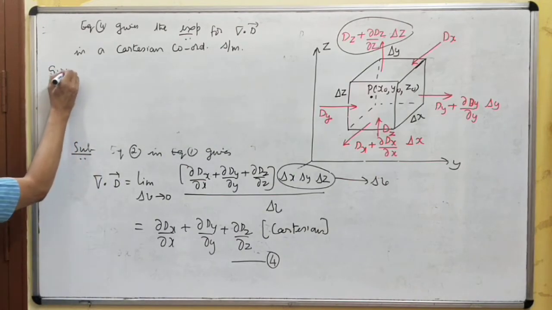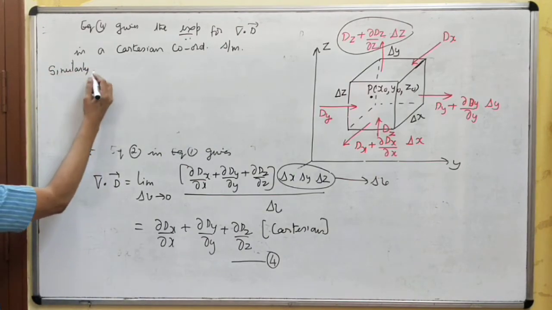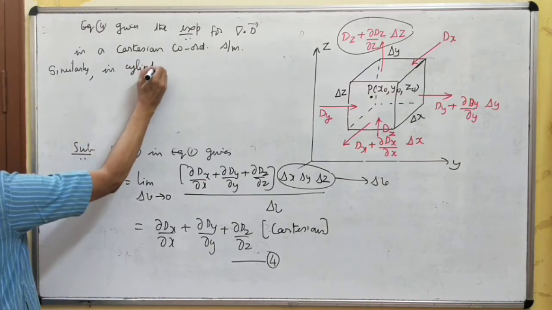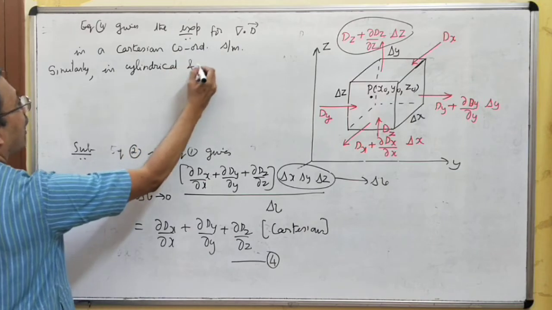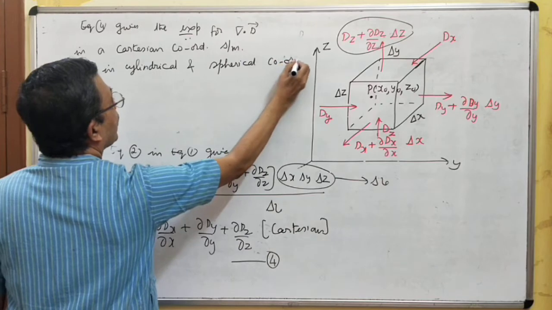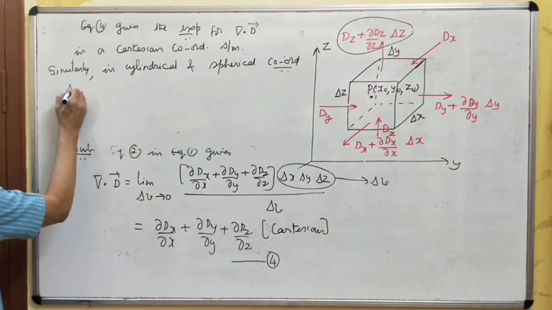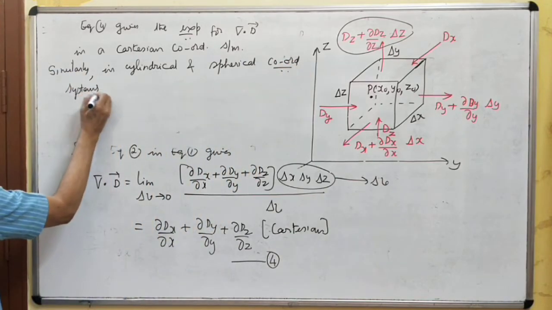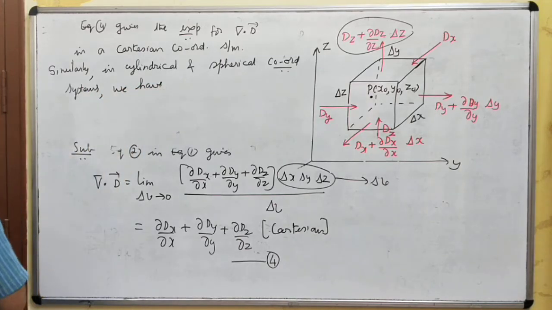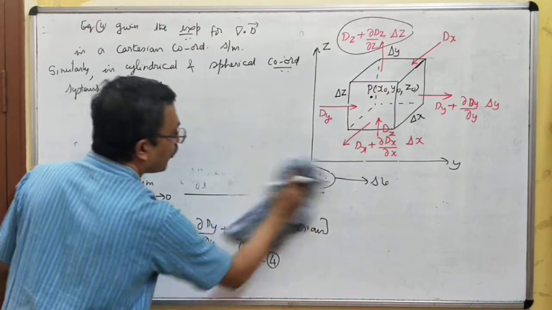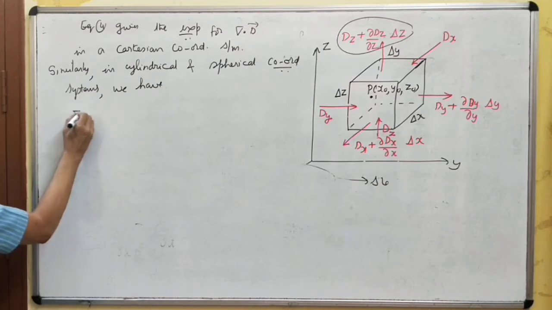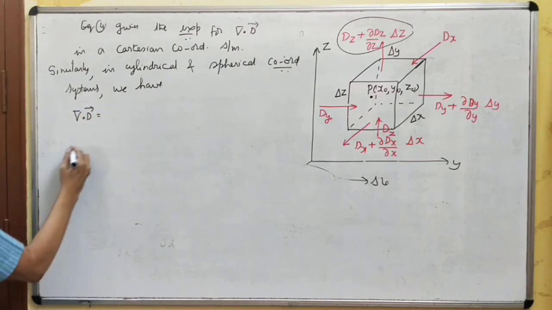Similarly, in cylindrical and spherical coordinate systems we have divergence of vector D. First I will write cylindrical.